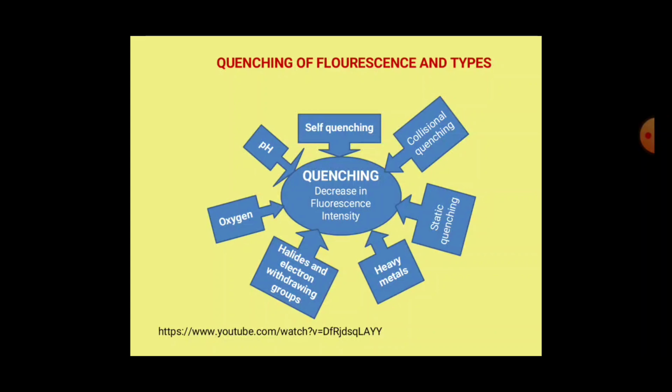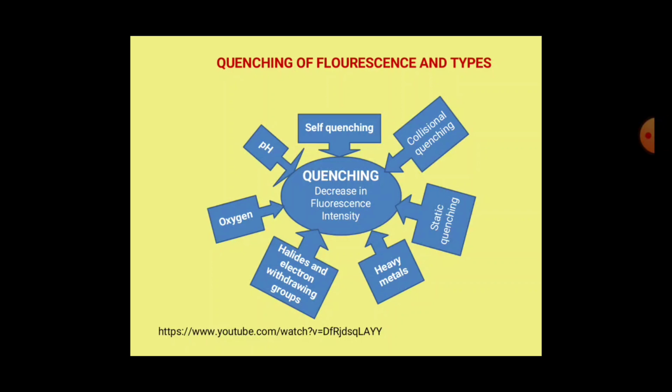For example, if you take aniline at pH 5 to 13, it will give blue fluorescence. Whereas at pH less than 5, aniline exists as a cation, and at pH more than 13, it exists as an anion. Therefore, it doesn't exhibit fluorescence.